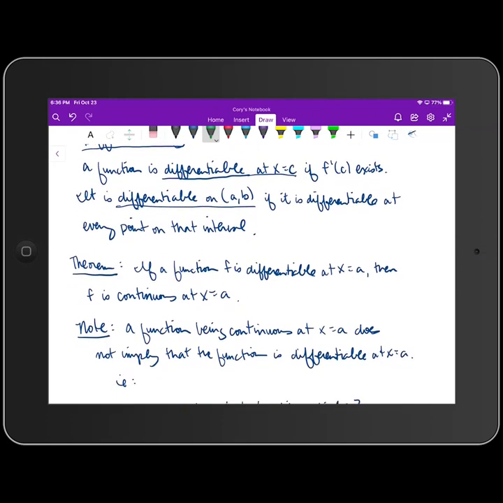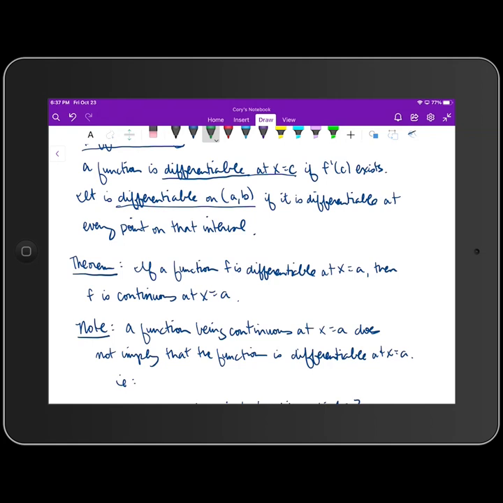It says that if a function is differentiable at some point x is equal to a, then it also implies that f is continuous at x is equal to a. Again, if a function is differentiable at x is equal to a, then the function is continuous at x is equal to a.